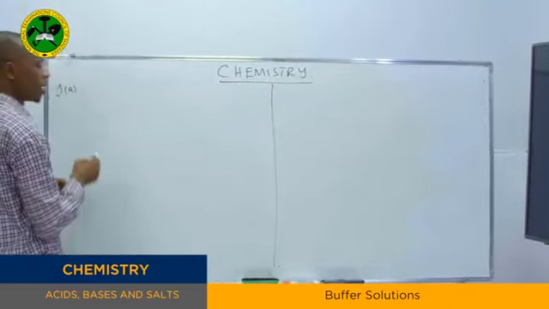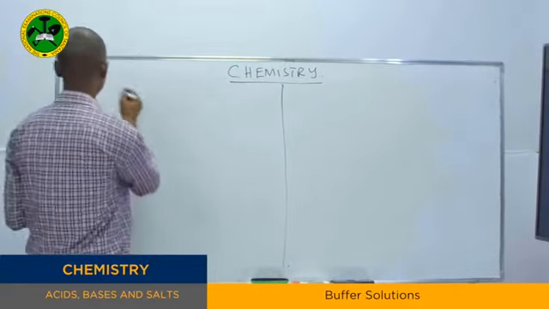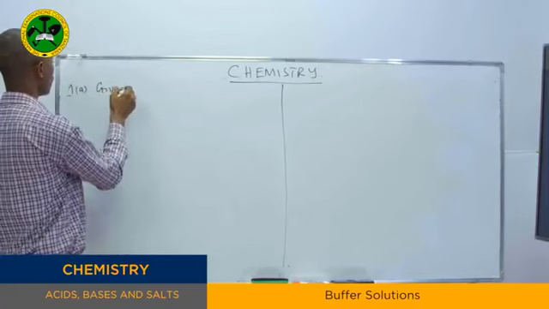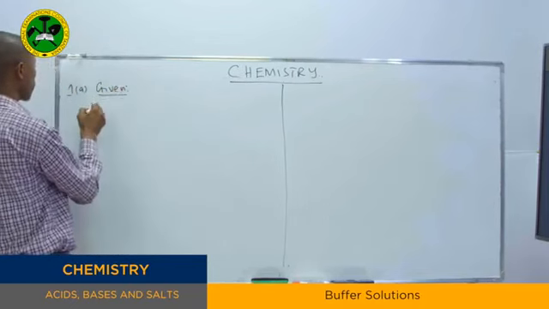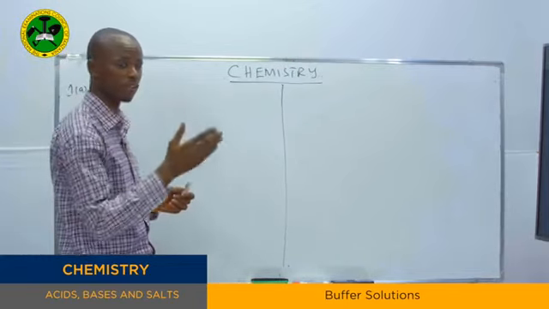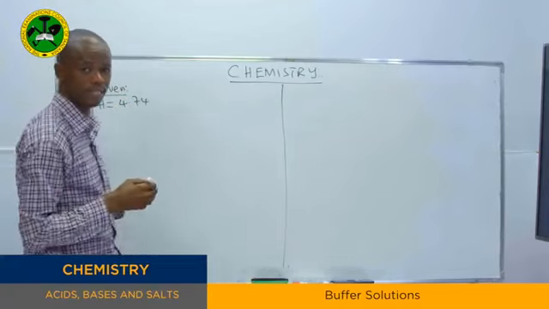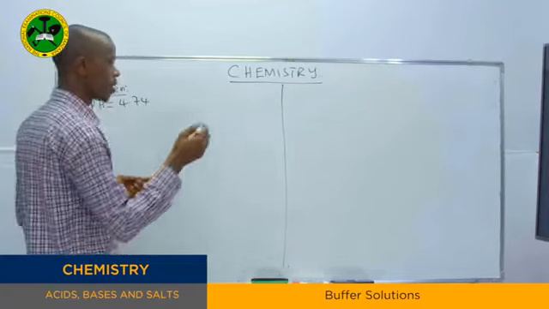Now, question number 1A, you are told to find the concentration of the salt. Now, what are you given? From the question there, we are given the following. We are given the pH of the solution, which is 4.74. What else are we given?